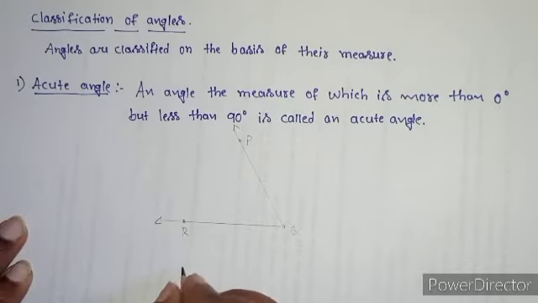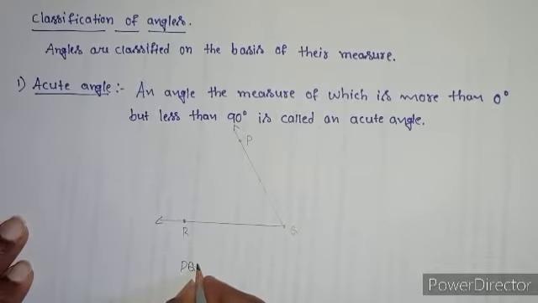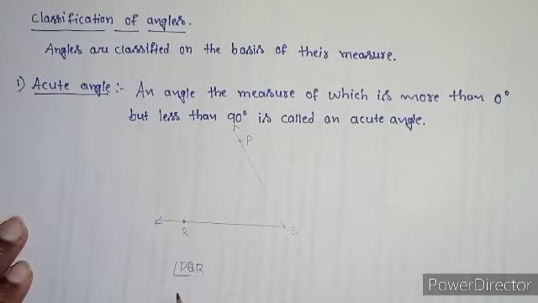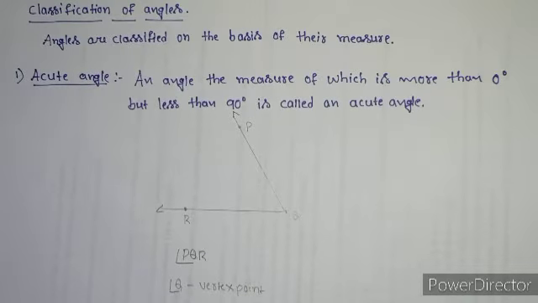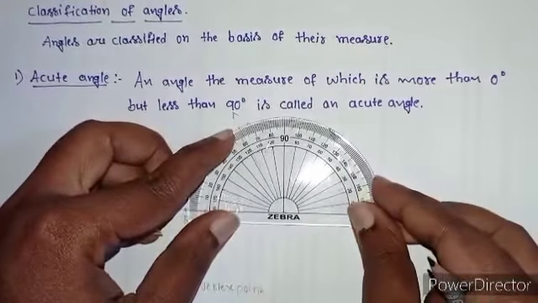PQR is the angle, right? Here Q is the vertex point. Next I am going to measure the angle using a protractor. First, we need to place the center point of the protractor on the vertex point.